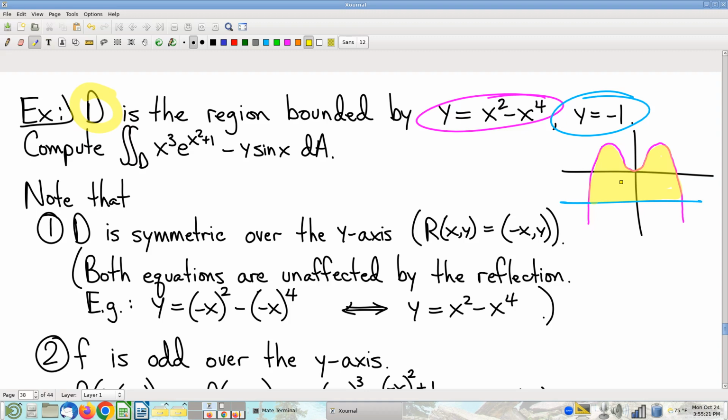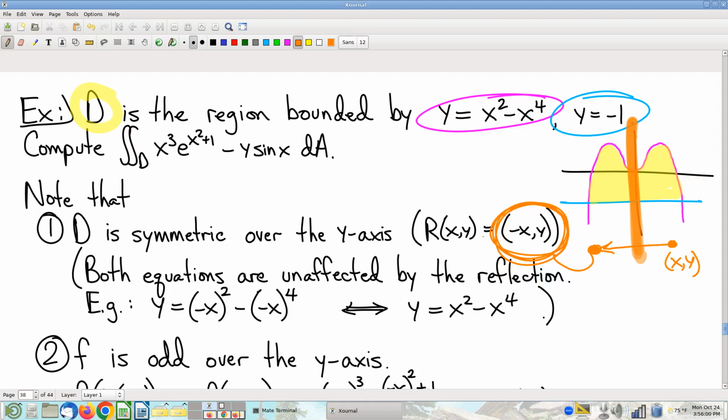By the way, if you're unconvinced or unclear about my claim that this curve is symmetric, here's a more explicit argument. When you reflect over the y-axis, you can write down an exact formula for what the reflection is. If you have a point here, x comma y, when you reflect over that line, the reflection is negative x comma y. Now that's just a geometric appeal.